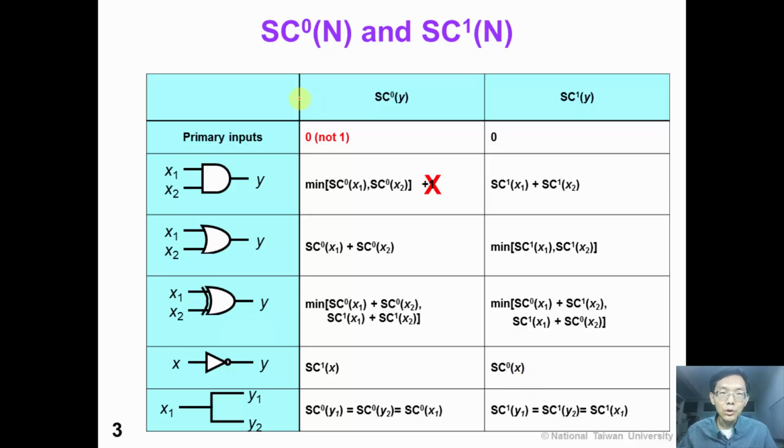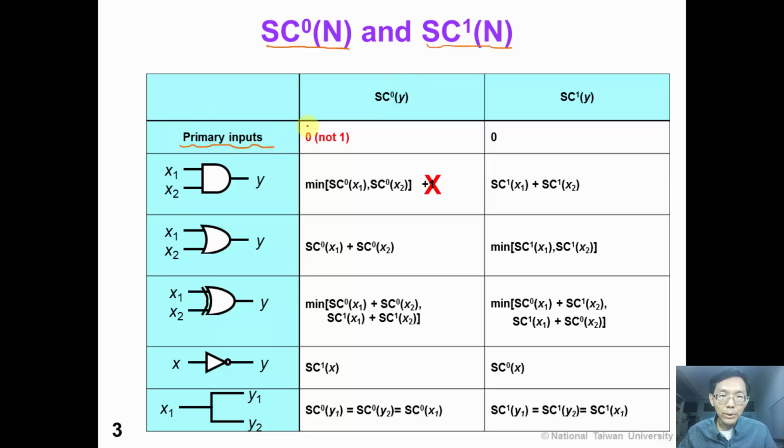This table shows the way to propagate the sequential controllability SC0 and SC1. This table looks very similar to the table of combinational controllability.